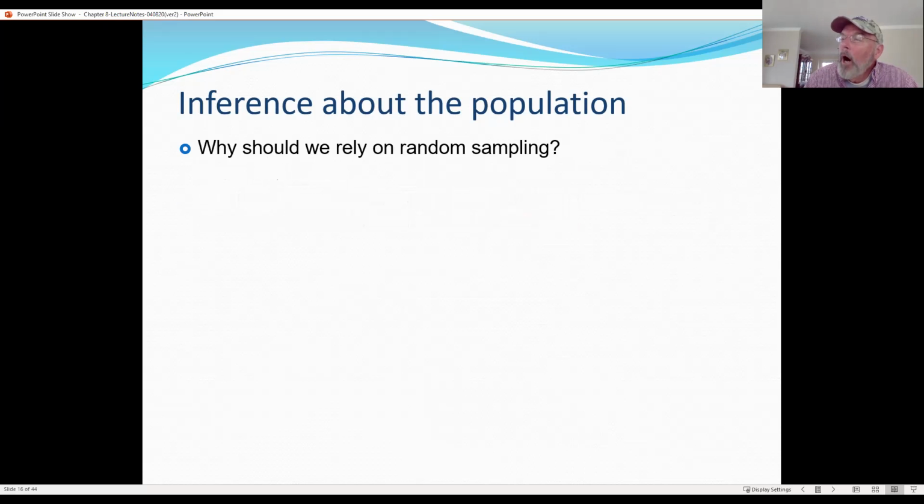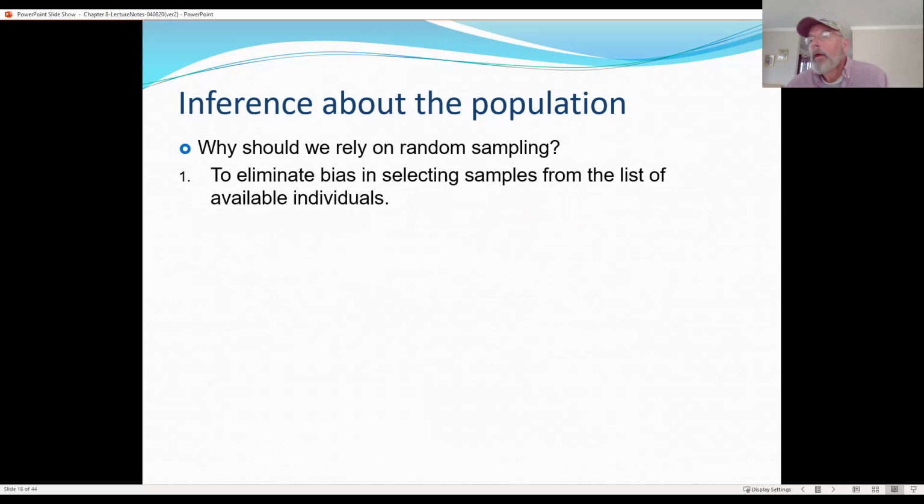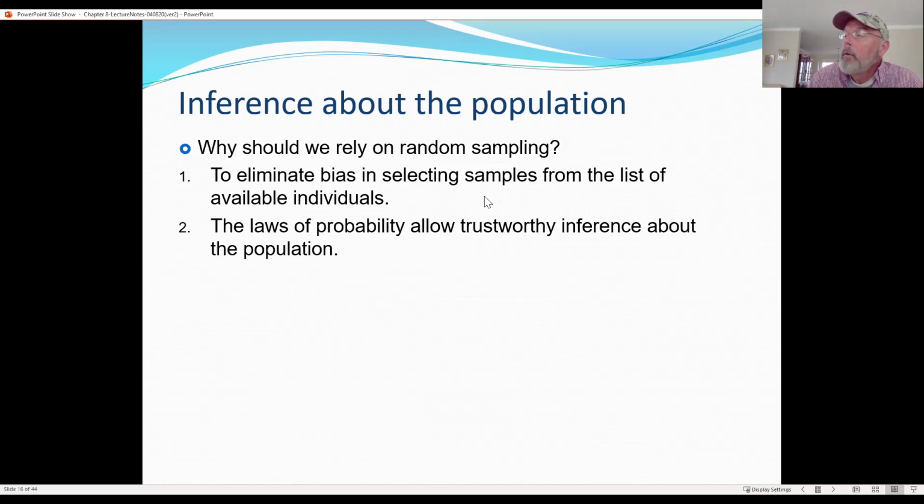So why should we rely on random sampling? Well, the first reason is that we eliminate bias. We eliminate bias by ensuring that each value that could be selected has an equally likely chance of being selected across a list of available individuals.